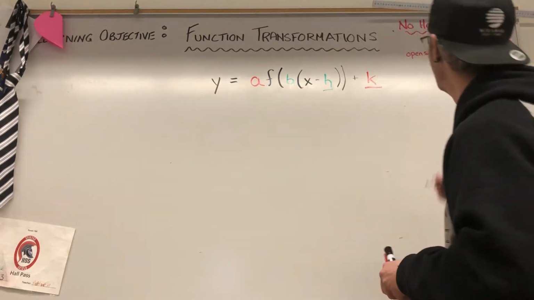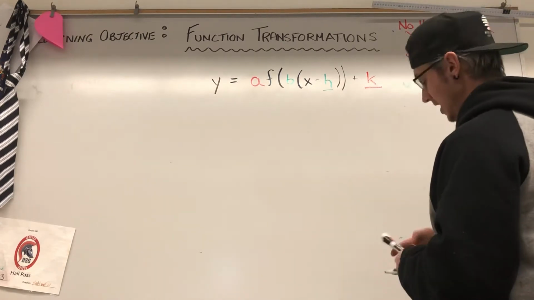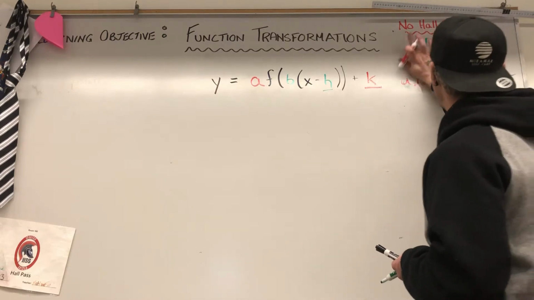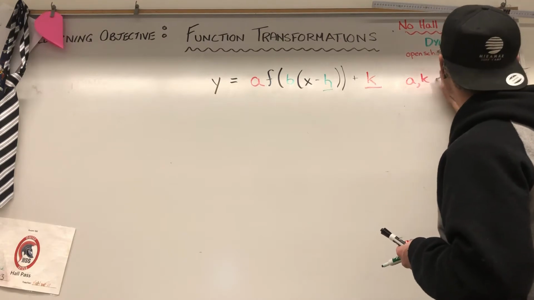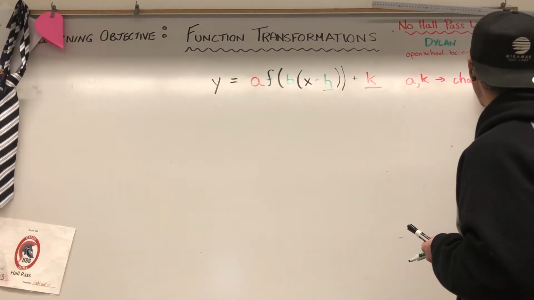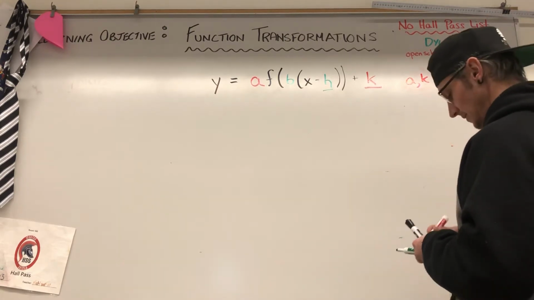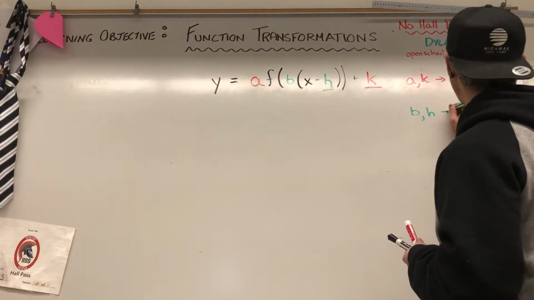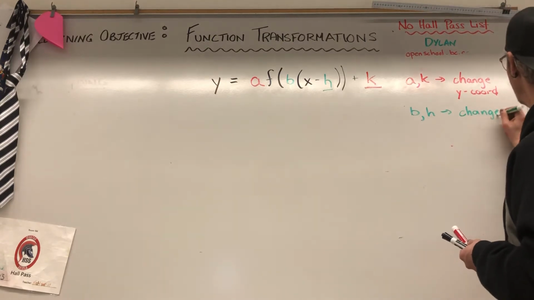And recall, it's important for us to recognize that a and k are going to change or manipulate our y coordinates for a graph, and b and h are going to change my x coordinates.